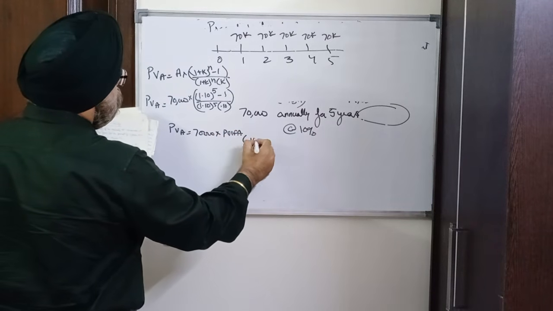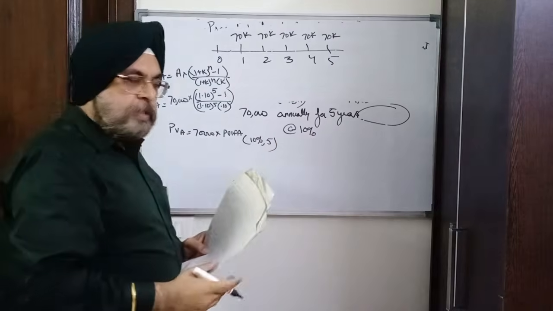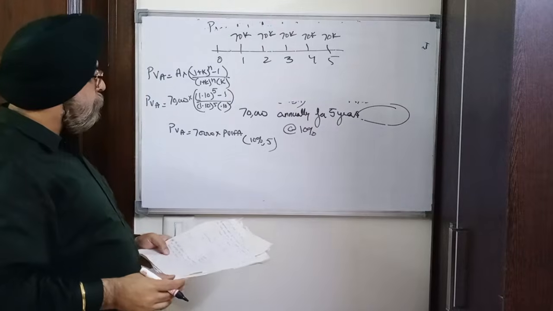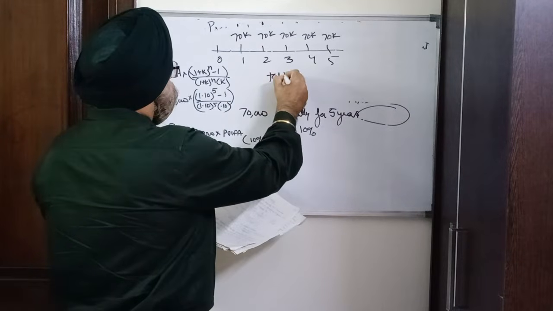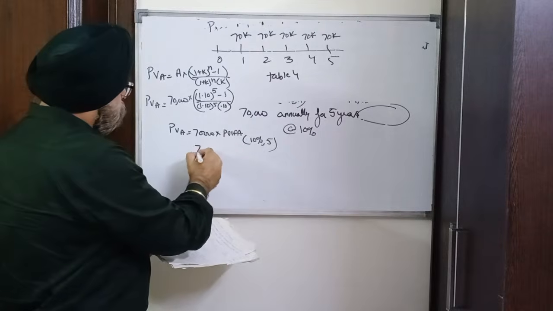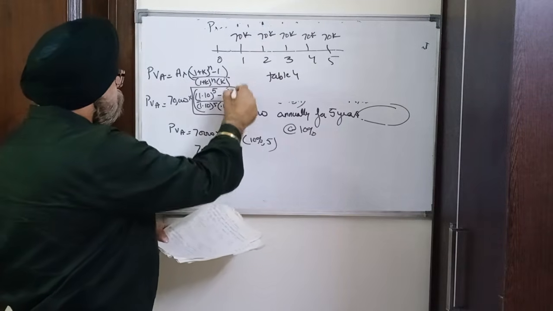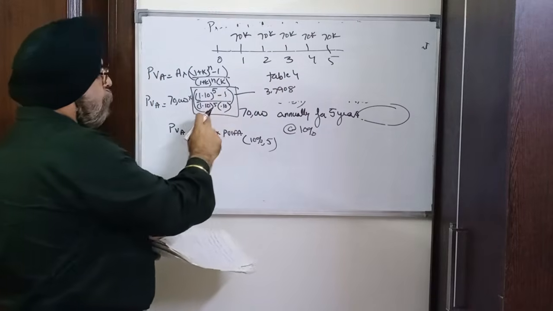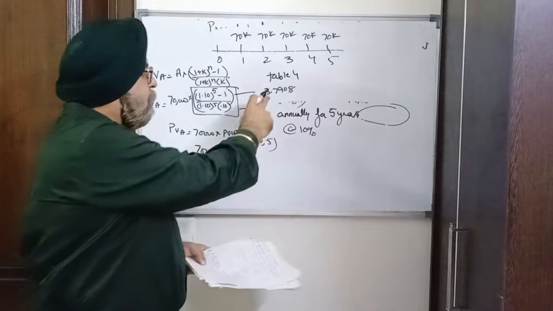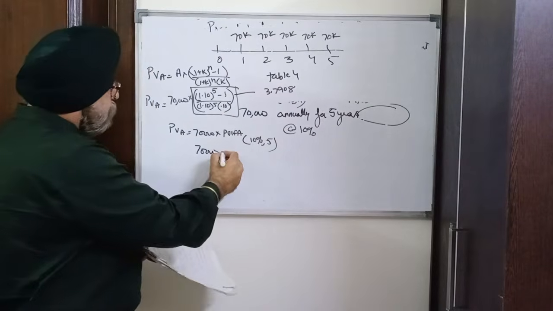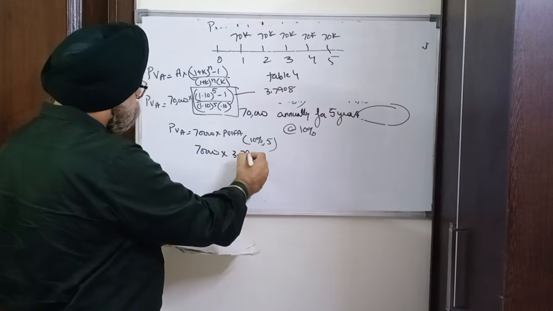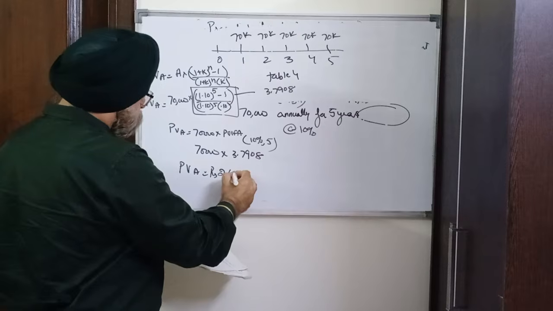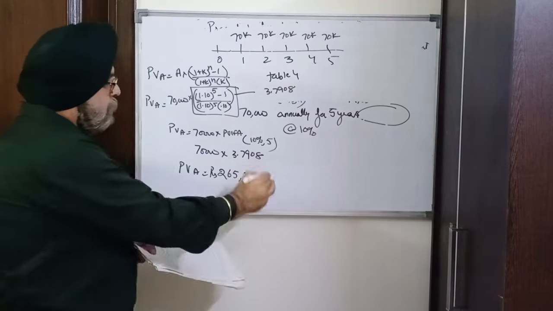Now we are using the table. 10%, 5 years. So if we look at the value in table number 4, the value of this calculation is given 3.7908. If we calculate this with calculator, we will get the same value. ठीक है ना? तो 70,000 multiplied by 3.7908, rupees 265,370 is the answer.